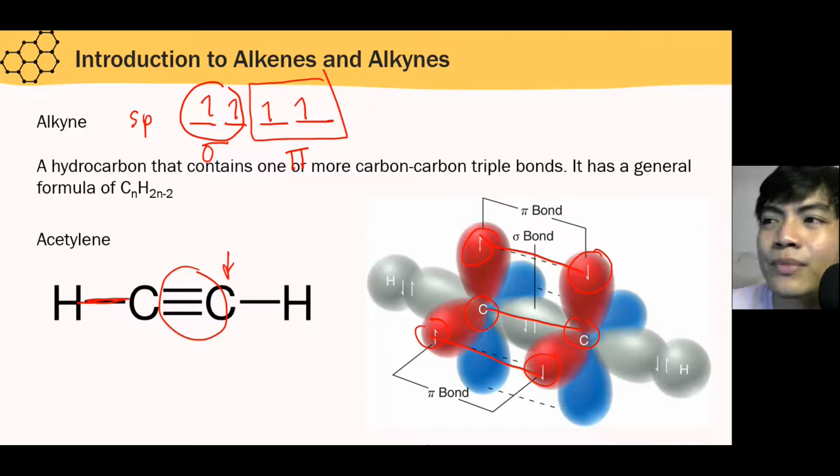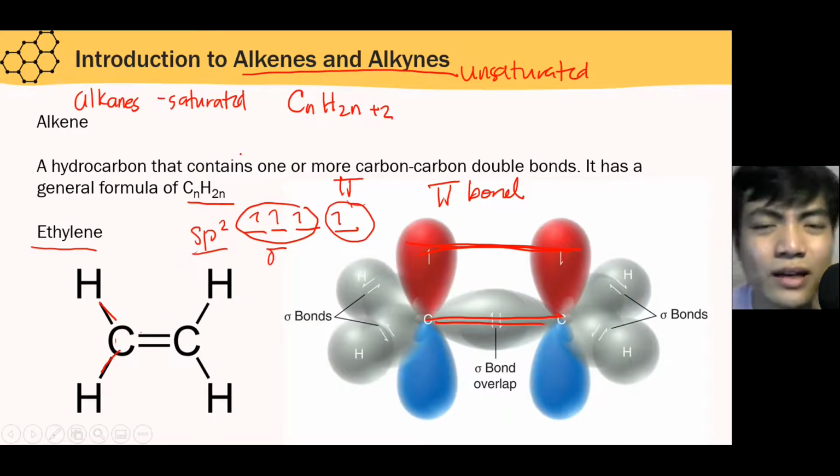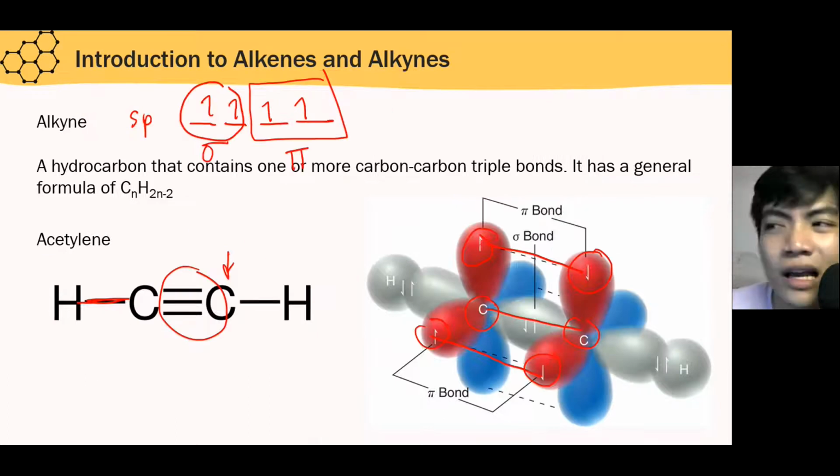Again, if you have an alkene, the hybridization is sp2, meaning that there is one pi electron, which is used to create one pi bond. So there will be an extra bond between the carbons, resulting in a double bond. While for alkyne, there will be two pi electrons.